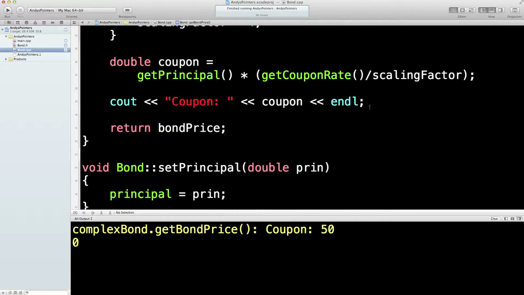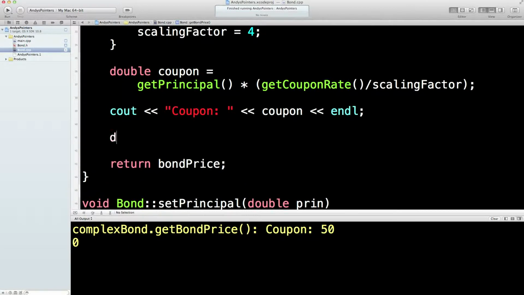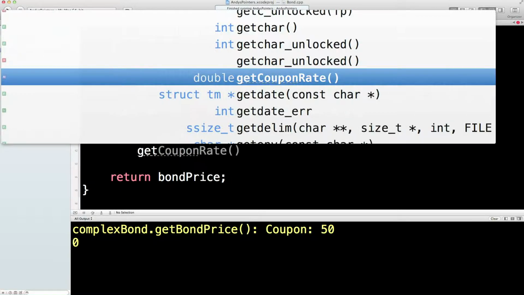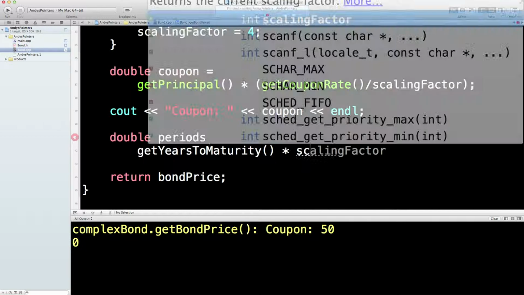So how many periods do we have to go? Now we have 10 years to go, but we're semi-annual, so I really have 20 periods to go. So what I'll need to do then is I'll need to have another variable, and this is going to be the number of years to maturity multiplied by the scaling factor.